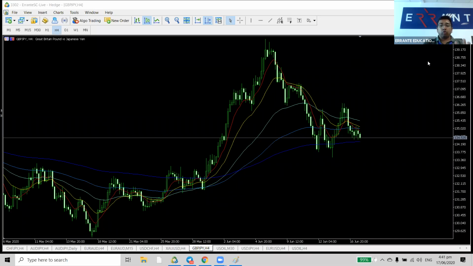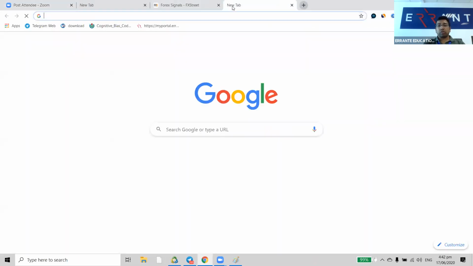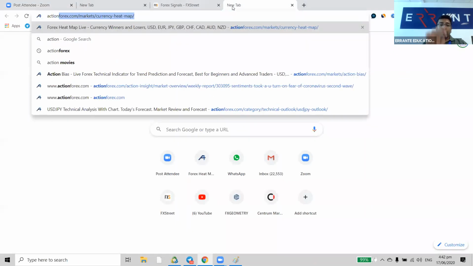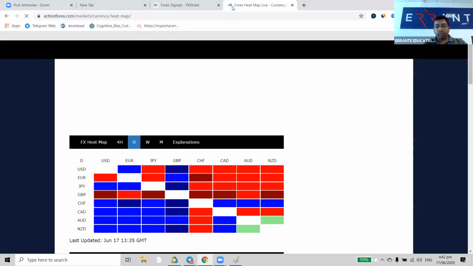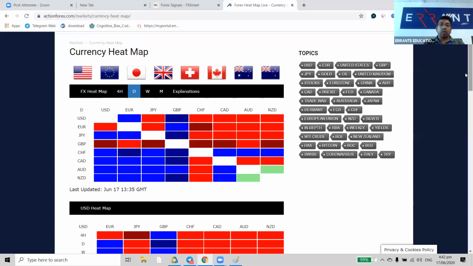So let me just give you a bit of an example in using some tools first, right? So for example, we have got, let's say, Action Forex heat map. Now we are in the process of having our own tools within Errante, so that would make it really easy for traders to look into tools like this to give us a bit of a bird's eye view of the trend.